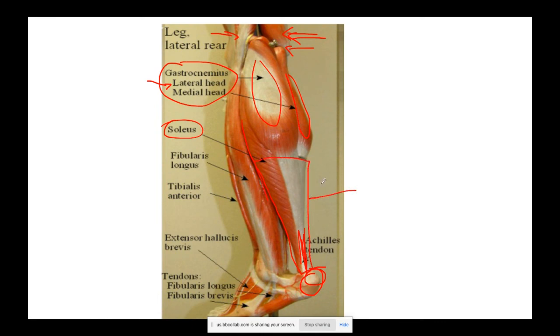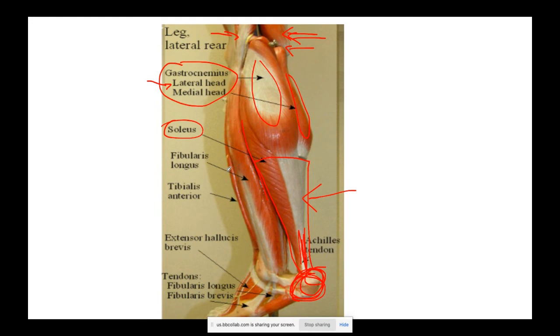It's the most common tendon in the body to rupture. And what is the name of this heel bone? That's the calcaneus. When this muscle contracts, it allows you to step on your tippy toes. That's called plantar flexion.